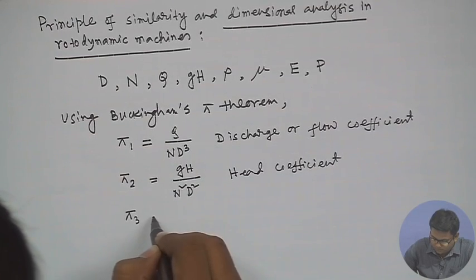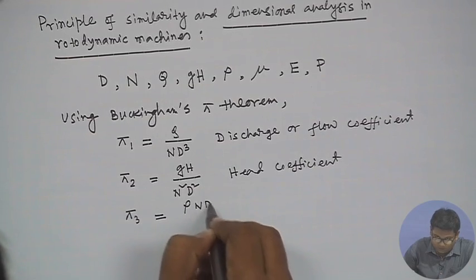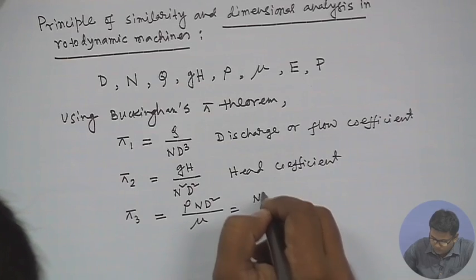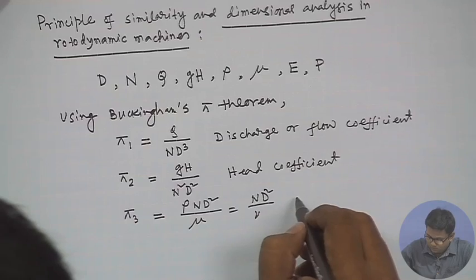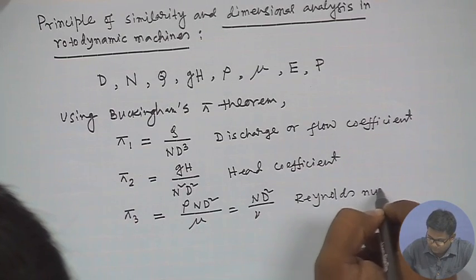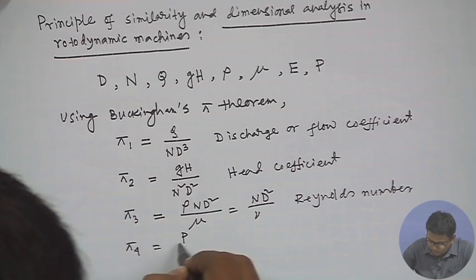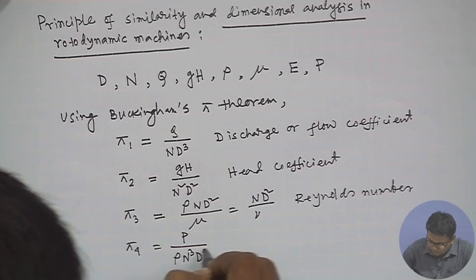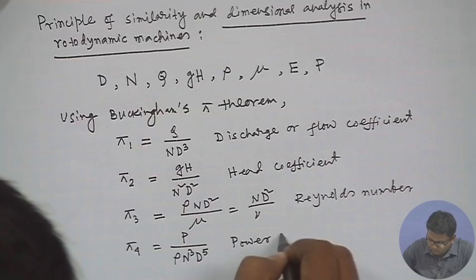Third pi term is pi 3, rho n d square by mu, or n d square by nu, where nu is the kinematic viscosity. This is Reynolds number. The fourth pi term is power transfer P divided by rho n cube d to the power 5, which is known as power coefficient.